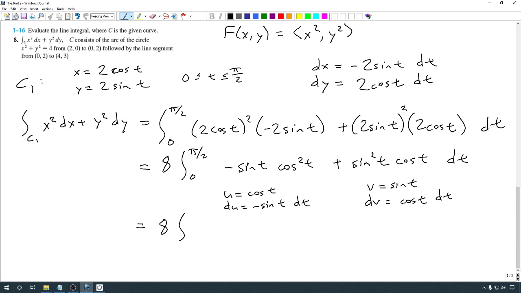We do need to change our limits. So for u, when we plug in 0 and pi over 2 into cosine, we get a 1 and a 0. Remember to put the 8 on both pieces. For sine, when we say v equals sine, we go from 0 to 1.